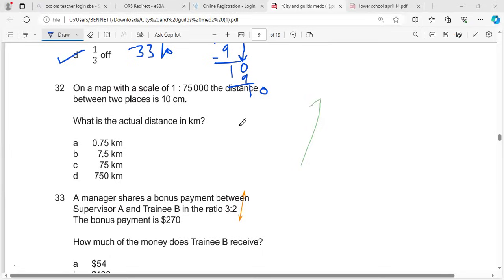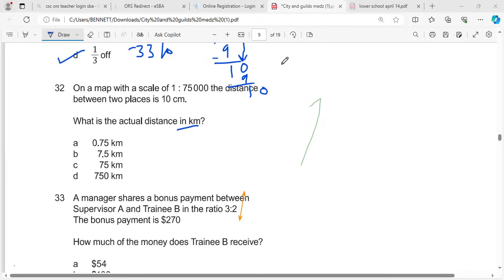Okay. So it said on a map with a scale of 1 to 75,000, the distance between two places is 10 centimeters. What is the actual distance in kilometers? First, you need to find out the actual distance.